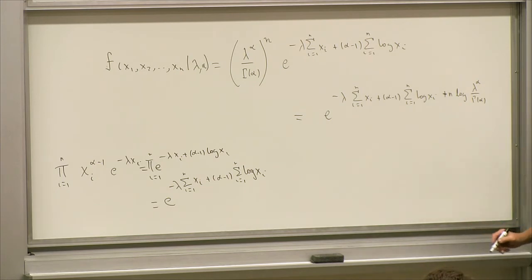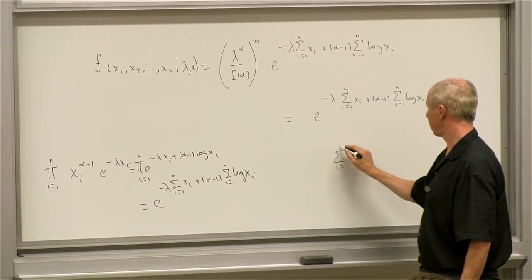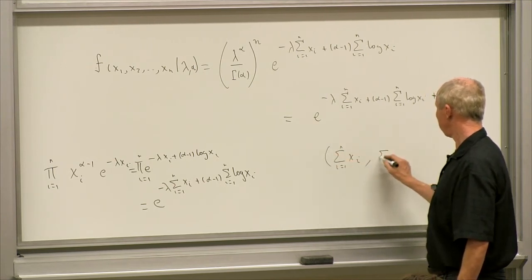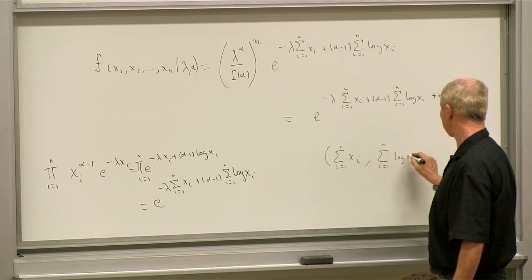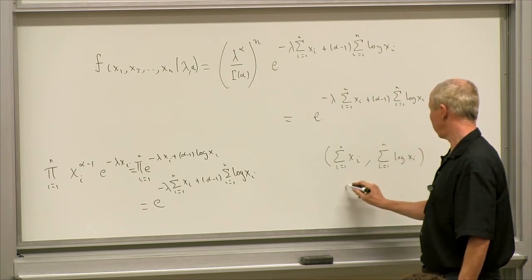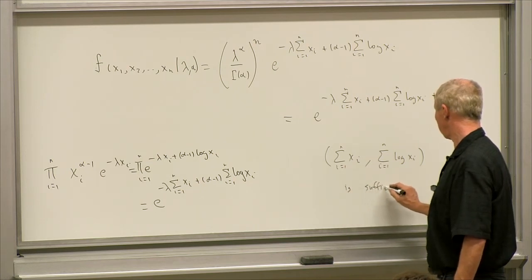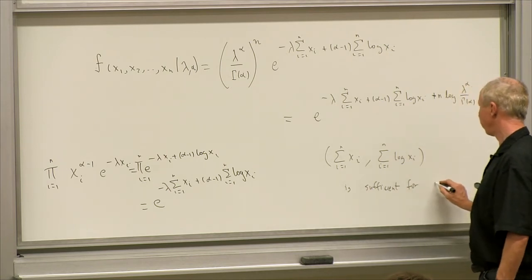And that looks like an exponential family. So the sum of xi's and the sum of log of xi's is sufficient for alpha and lambda.